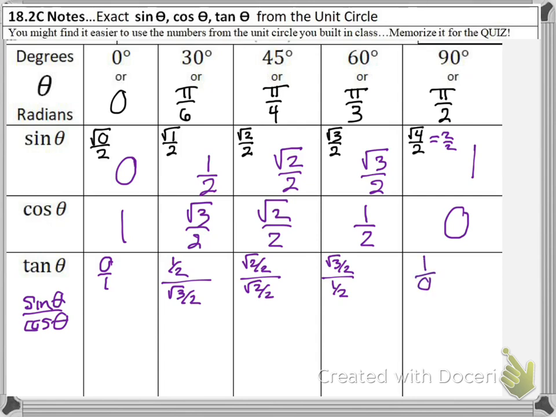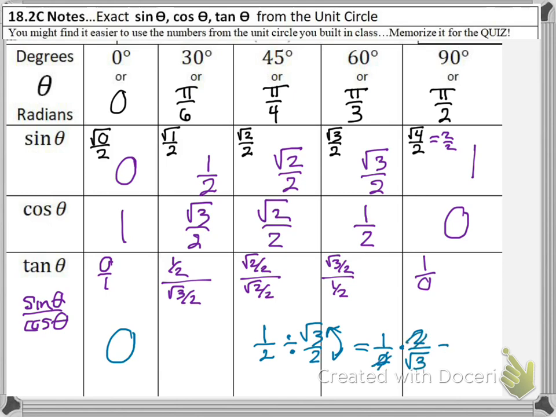Then I'm going to simplify each of those a bit and say 0 over 1, just 0. 1/2 divided by root 3 over 2. I'm just going to write it over here the long way, and then I'm going to erase it. 1/2 divided by root 3 over 2, I'm going to flip that fraction and call that 1/2 times 2 over root 3.